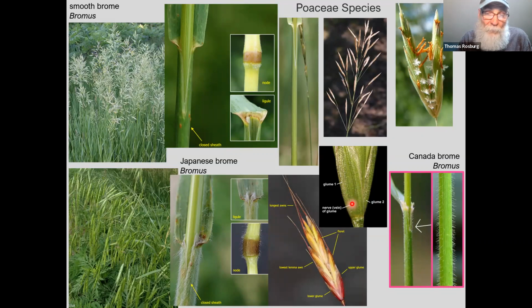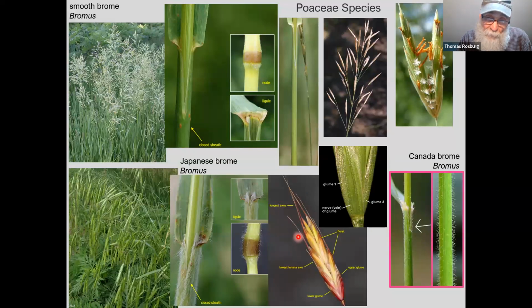Also, very importantly, the smooth brome doesn't really have any awns on the lemmas. It can have a very, very short awn, maybe 3 millimeters, but basically no awns. Bromus pubescens has little awns that are 4 to 7 millimeters. This is Japanese brome.